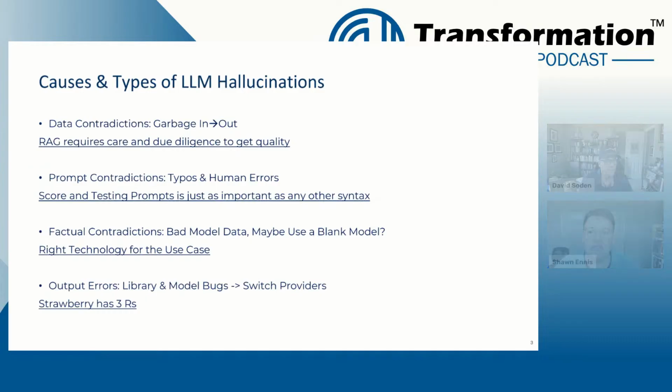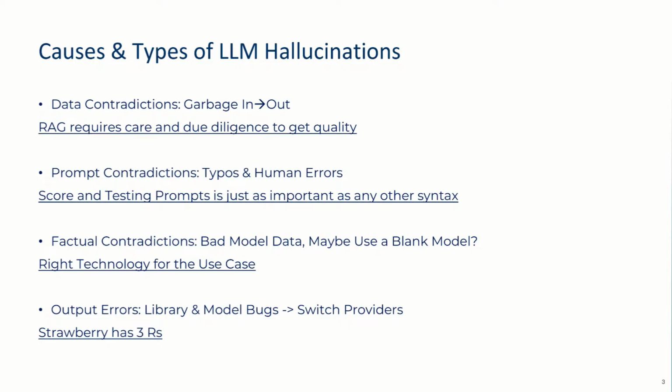I'd like to just talk about some of the causes and types of hallucinations. Data contradictions is the biggest challenge that I'm seeing from our clients. They're like, Sean, we took all of our knowledge base, loaded it into a RAG model, and we're getting no better than a flip of the coin.